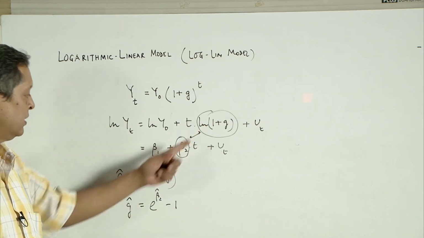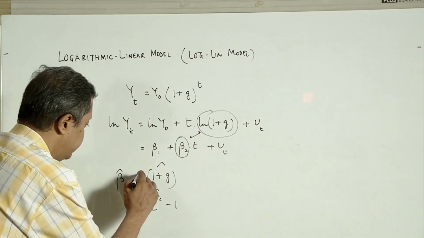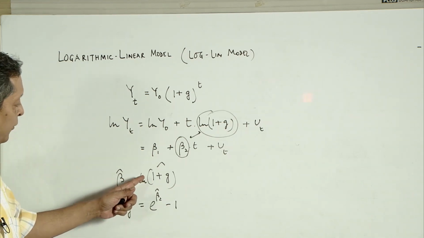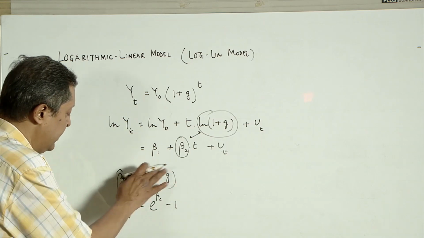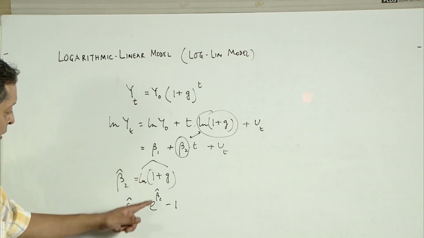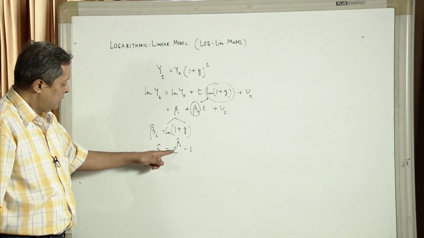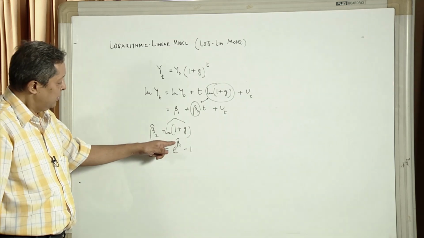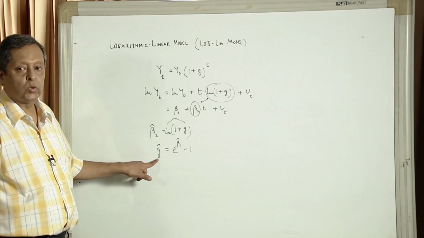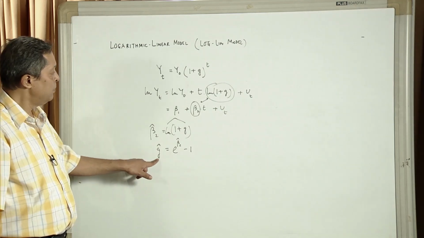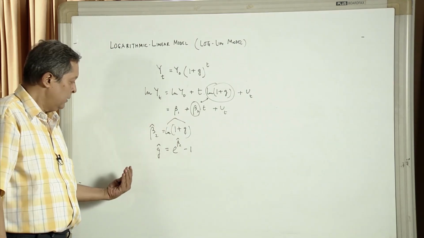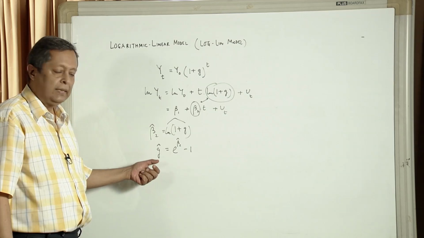So, because beta 2 hat is the estimate of log of 1 plus g, you raise it to the exponential e, consider exponential e to the beta 2 hat and subtract 1, that gives us the discrete growth rate g hat. So, from the regression model, we obtain the continuous growth rate, and then we can move backwards and calculate the discrete growth rate.